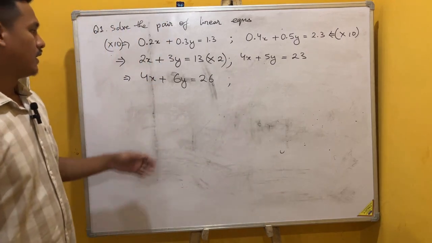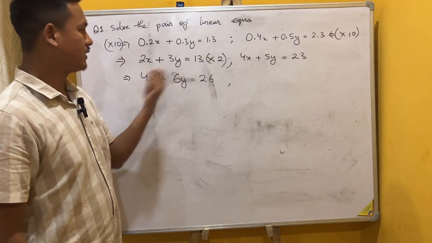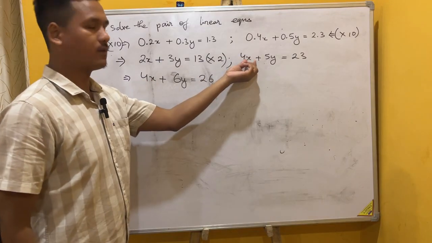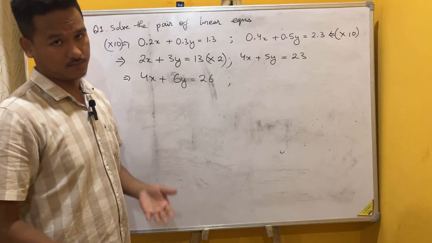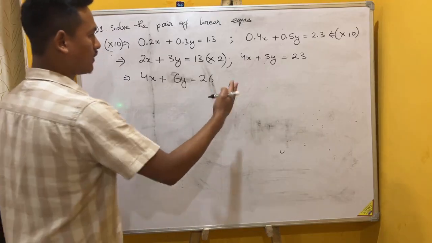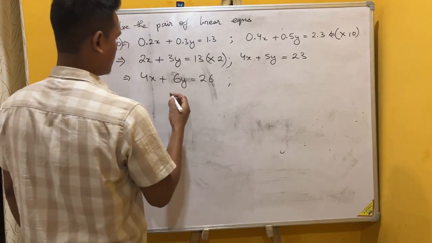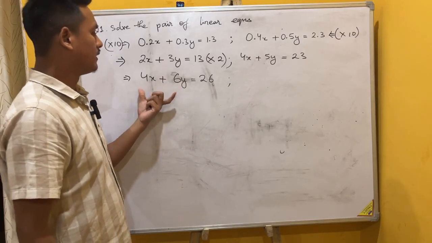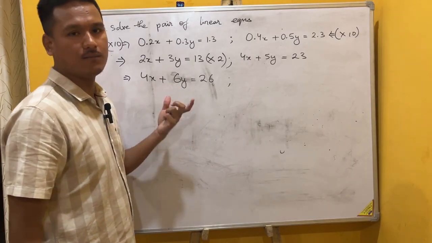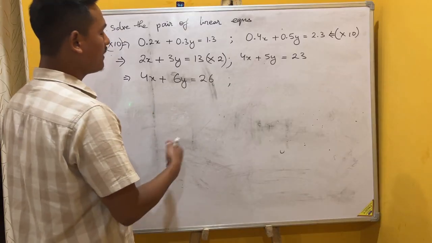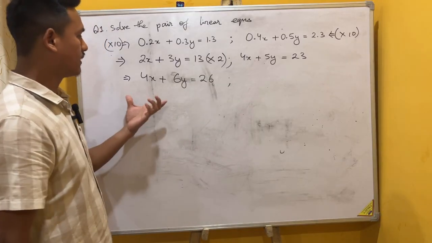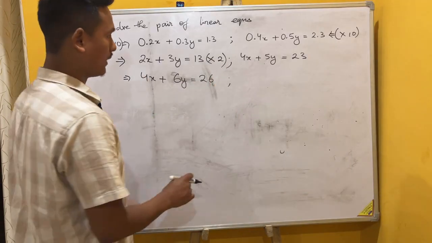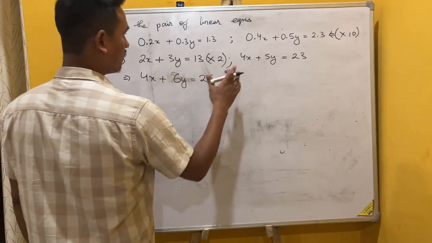Now after multiplying this equation by 2, I can see that the x variable in both the equations become equal. Now I can solve them. By the way, I haven't mentioned, I'm solving the pair of linear equations by elimination method. When I solve by elimination method, I need to make one of the variables equal. That's what I'm doing. So I have made it equal.